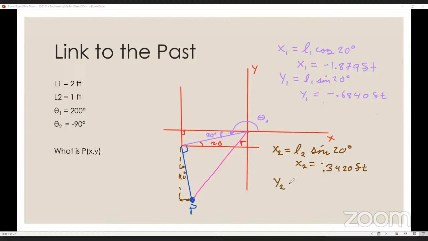And y2 is just L2 cosine 20 degrees. And y2 is negative 0.9397. Sorry, I skipped ahead in my notes.